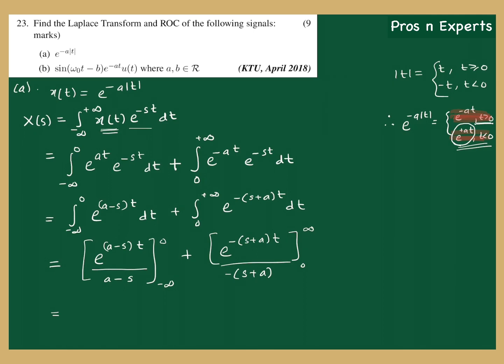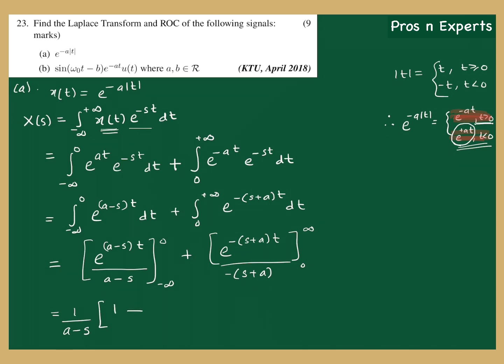Now what we have to do is apply the limits. First we can apply the upper limit here, which is 0. So what happens when we apply the upper limit? It becomes e raised to 0, which is 1. So I can take out 1 by a minus s, and when we apply the upper limit we get e raised to 0, which is 1.